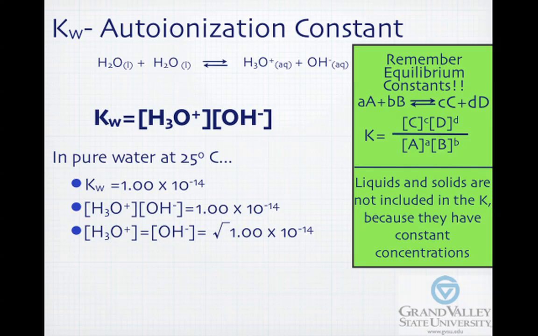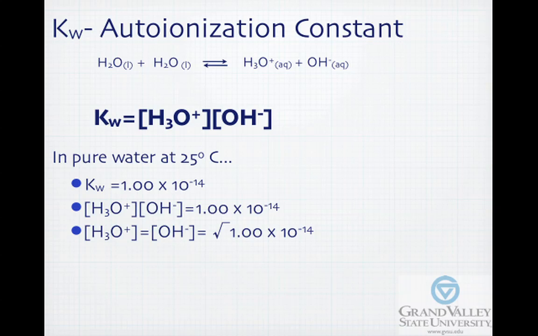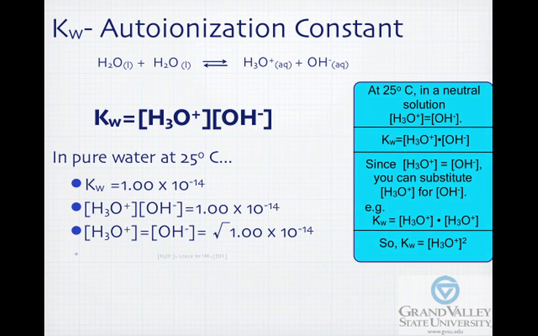So by taking the square root of 1.00 times 10 to the negative 14, we can find their true concentrations. In pure water at 25 degrees Celsius, the concentration of hydronium and the concentration of hydroxide are both equal to 1.00 times 10 to the negative 7th molar.